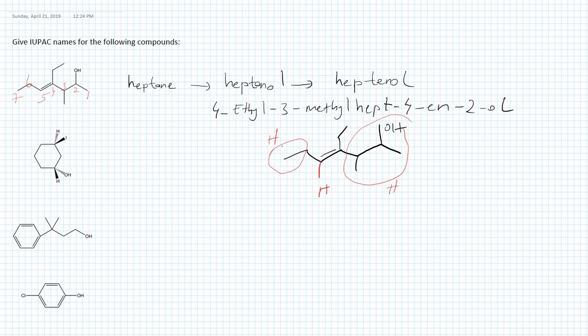So basically high priorities are on the opposite sides of the alkene. One is facing upward, the other high priority facing downward. So this is going to be an E alkene. So I'm going to add here E. So E-4-ethyl-3-methylhept-4-en-2-ol. Okay, basically the first part is this way.